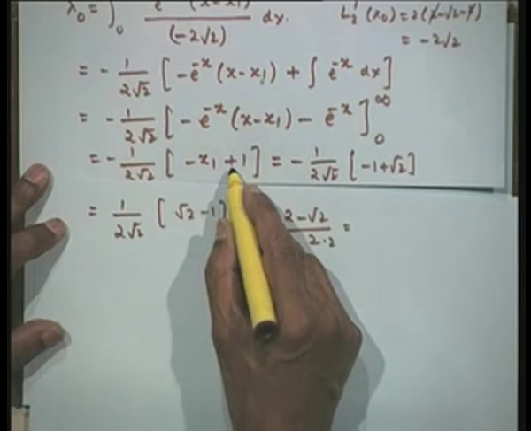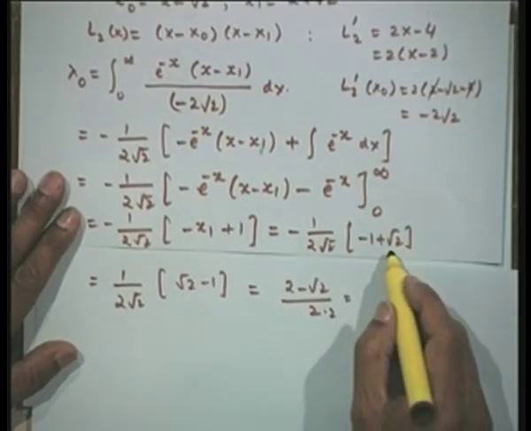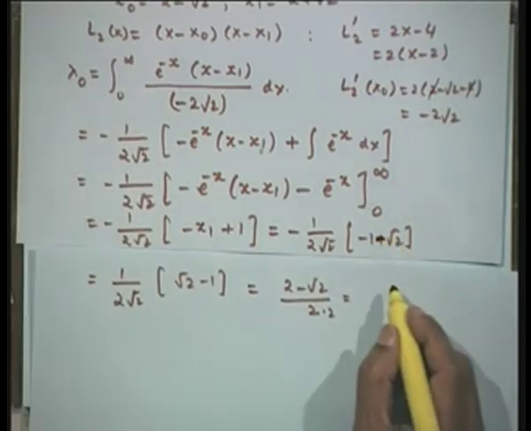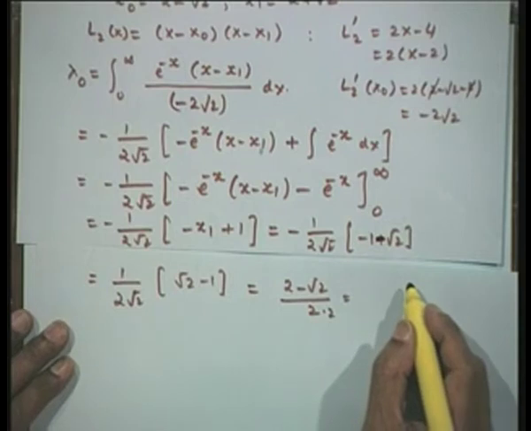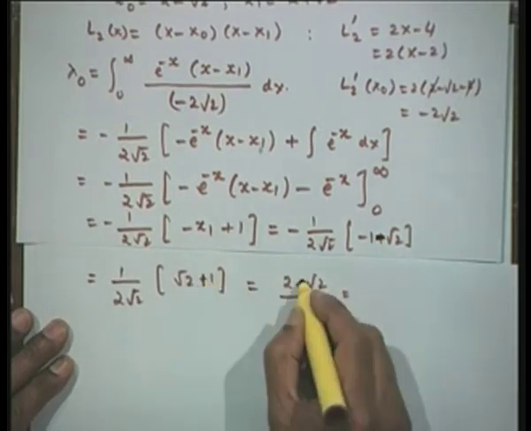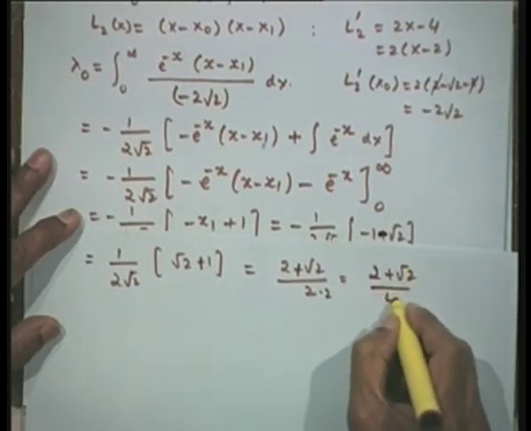Minus x1 plus 1, yes, minus 1 minus root 2, you are right. Minus 1 minus root 2 is root 2 plus 1, giving 2 plus root 2 by 4.